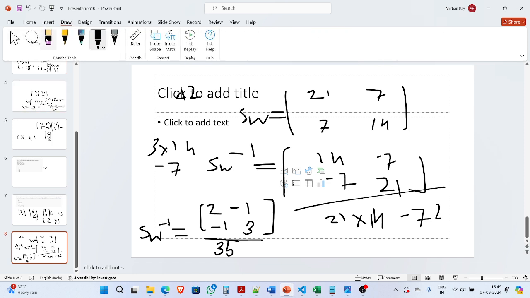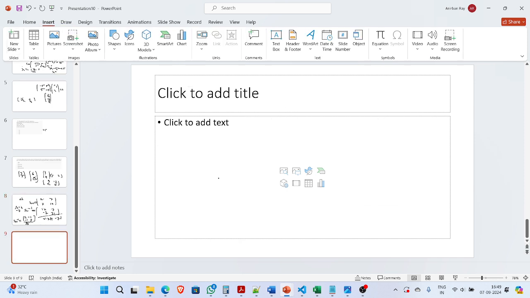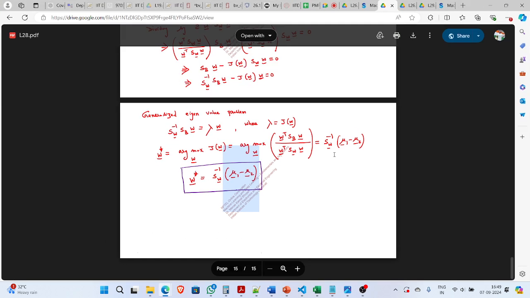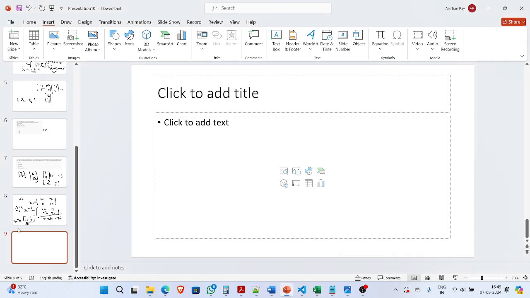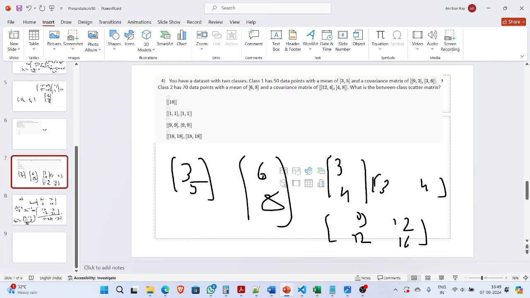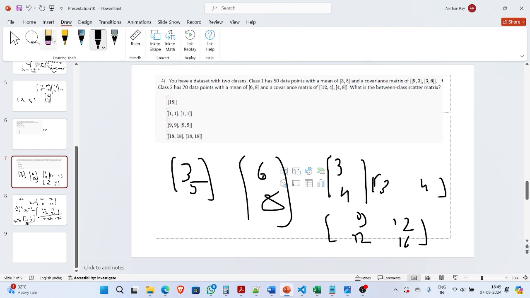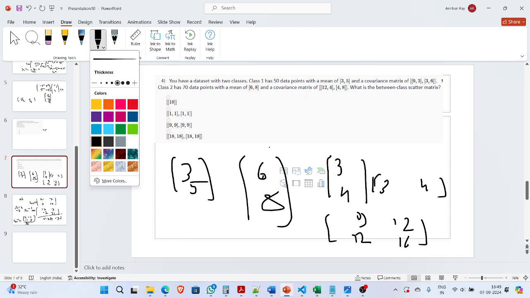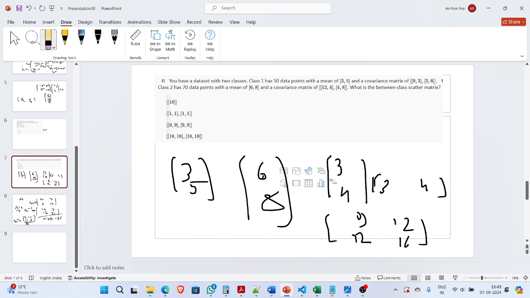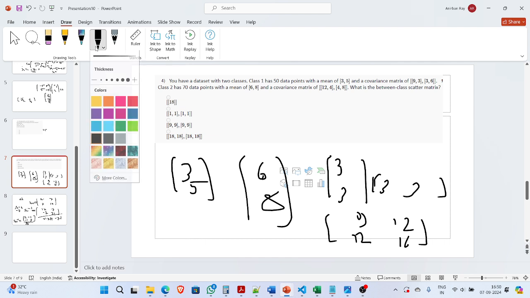Next we have mu1 minus mu2, the difference. Actually, I have done it wrong here, that is what came out wrong. 5 or 8 is 3. Oh, I got it already. So there was a mistake here. 5 or 8 is 3 here, so if we multiply it will come out 9.